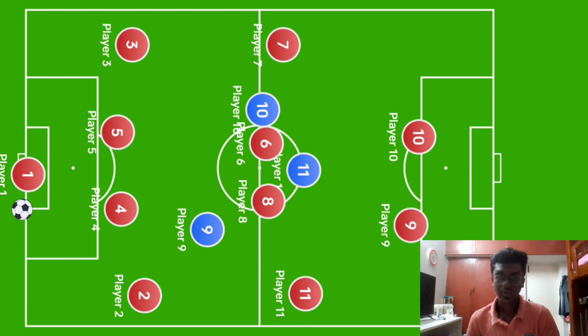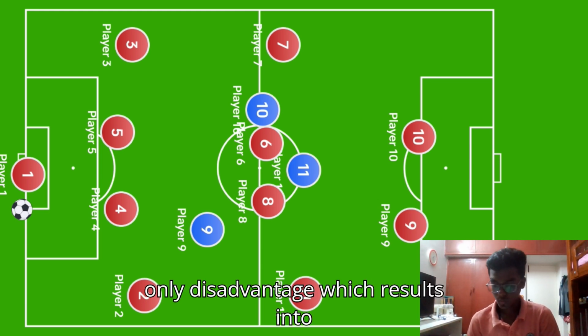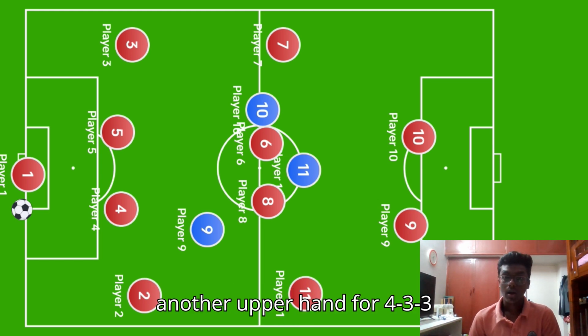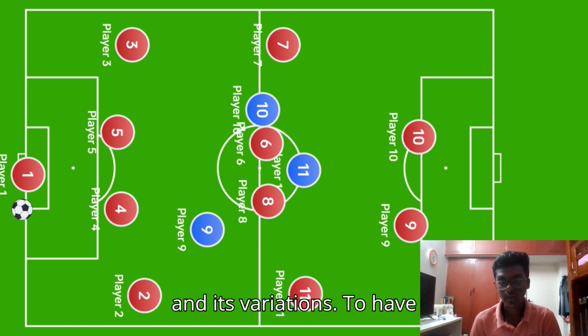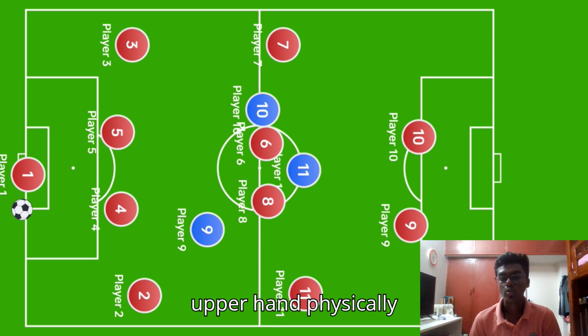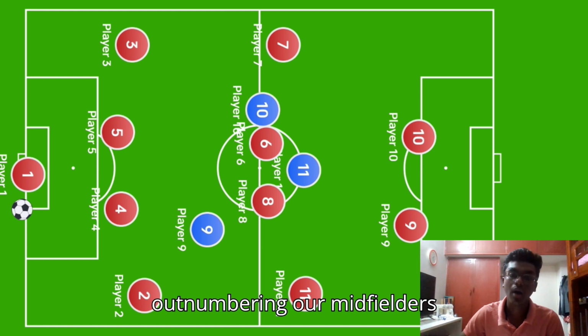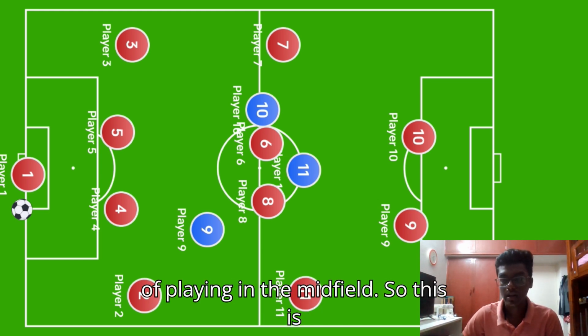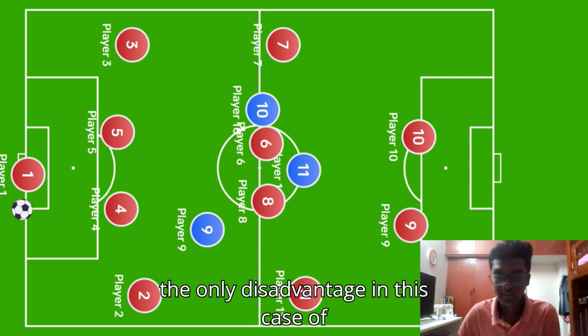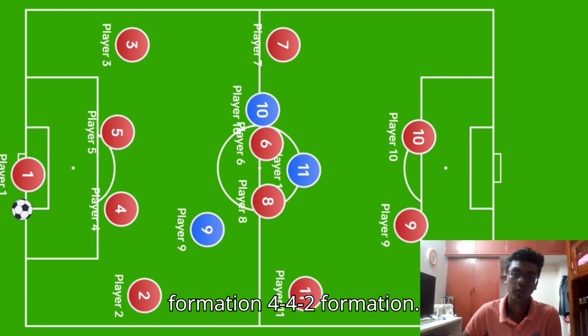So this is the only disadvantage, which results into another upper hand for 4-3-3 formations, 4-2-3-1 formations, and its variations, to have upper hand, physically outnumbering our midfielders, in case of attacking as well as in case of playing in the midfield. So this is the only disadvantage in this case of formation, 4-4-2 formation.